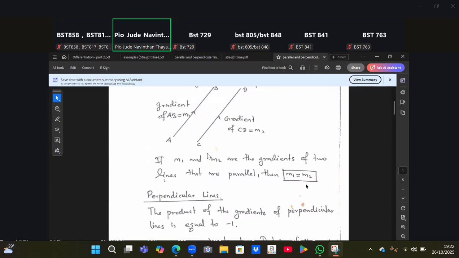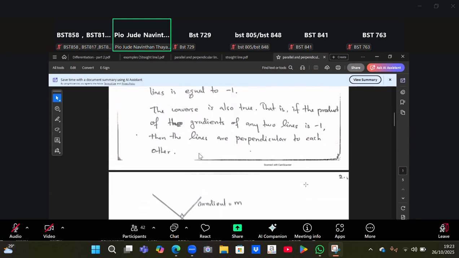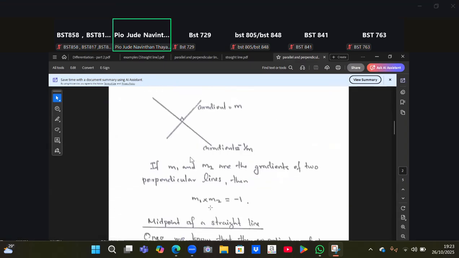Earlier it was M1 is equal to M2. If it is perpendicular, M1 into M2 is equal to minus 1. From this equation, M2 is equal to minus 1 over M1. For example, the gradient of one line is 2.